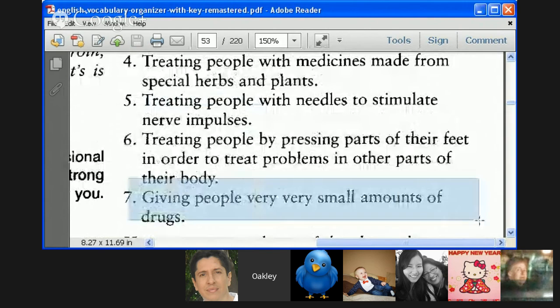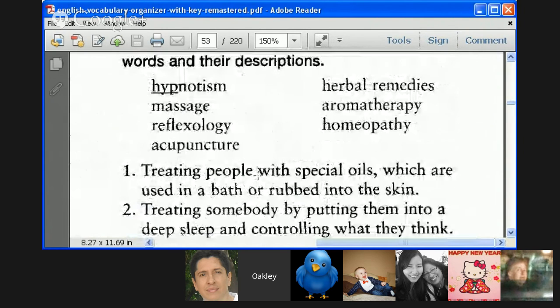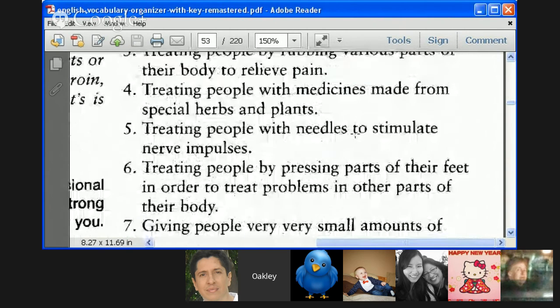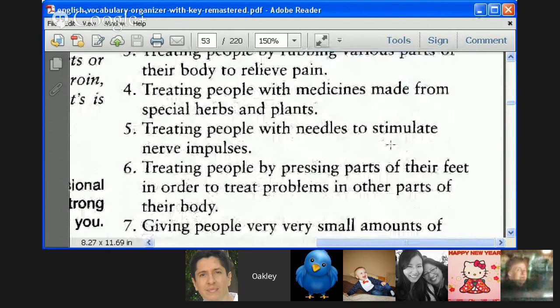Okay. Ken, last one. Giving people very small amounts of drugs. Homeopathy. Yeah, I've never even heard of this. I've heard of people taking large amounts of drugs, but not very small amounts.